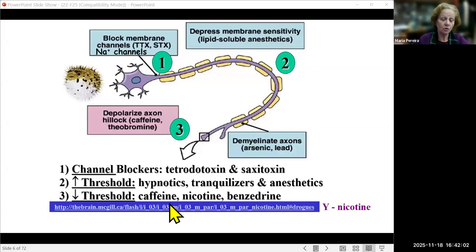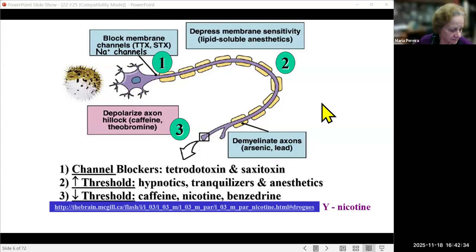Okay, so although the conduction of the action potential down the axon is an all or none response, it can be modified by temperature, myelin, the diameter of the axon, and also by all kinds of chemicals, which gives us a strategy to treat conditions where you need to alter the conduction of the action potential.